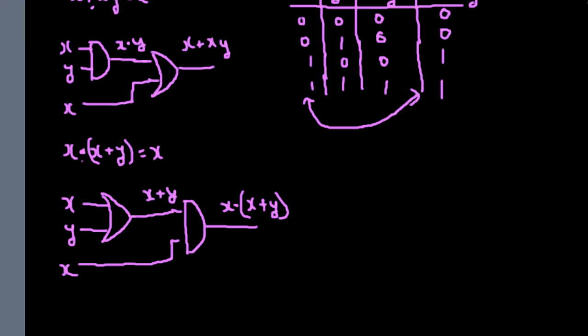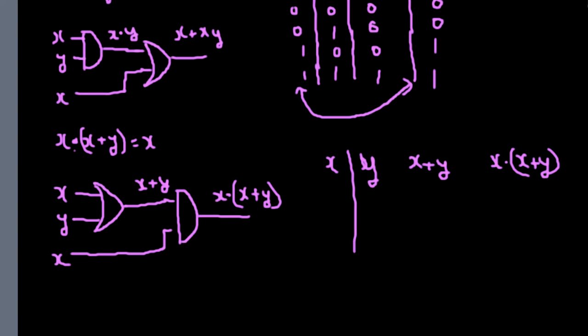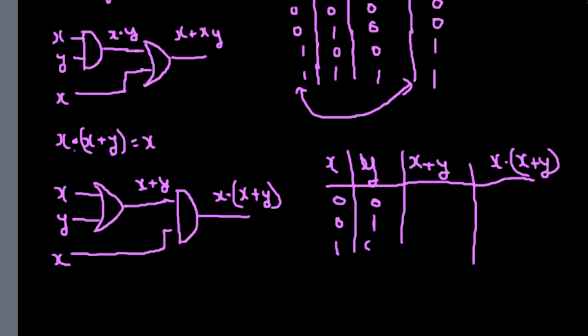Let's again verify this with the help of a truth table. x and y, x plus y, then we'll find x multiplied with x plus y. The possible combinations of input are 0 0, 0 1, 1 0, 1 1.